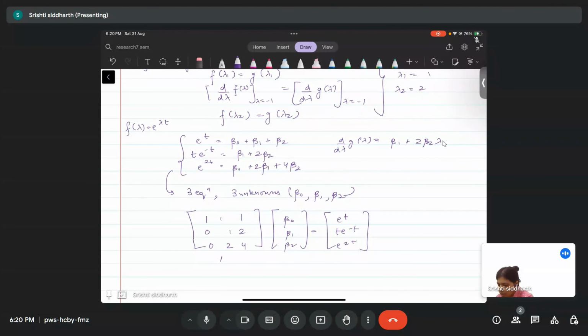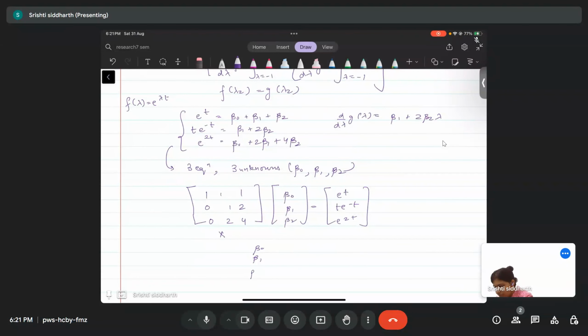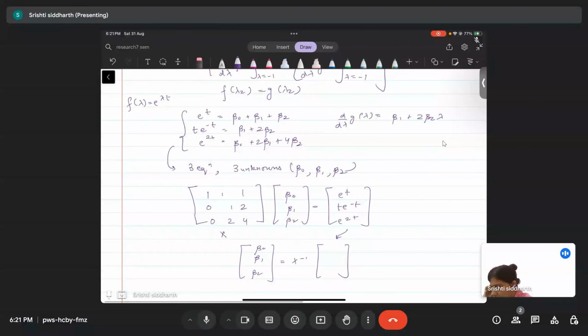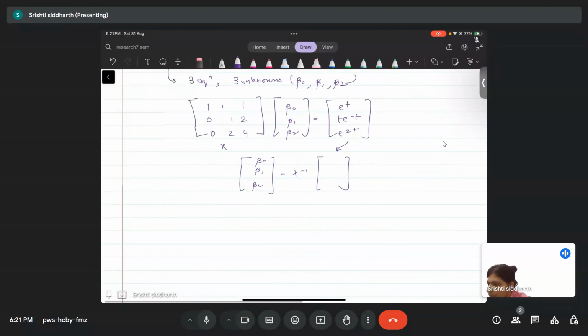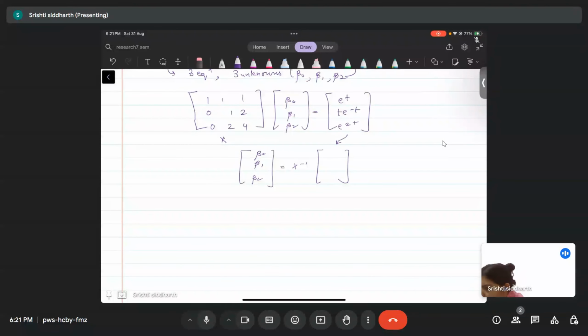So for example, let's say this is some X, then this vector is going to be X inverse times this. So just check if this matrix X is invertible and then compute X inverse to find beta 0, beta 1, beta 2. Alright, so I'm going to write down what the values of this are. You can check these later.